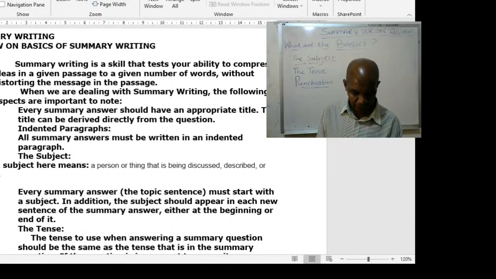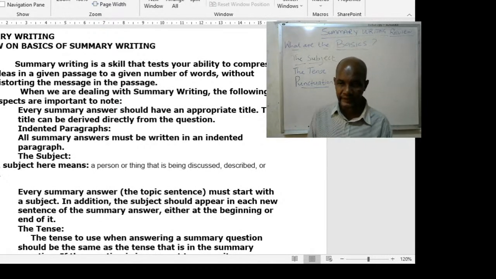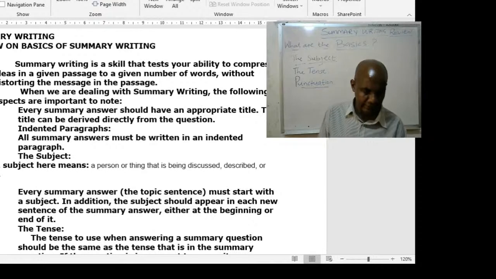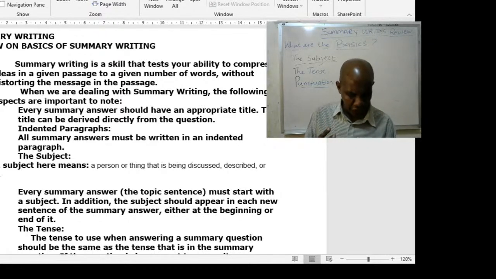Punctuation, in summary, is important like in all other aspects of the English language subject. But when we're dealing with punctuation, in summary, we majorly focus on two things.